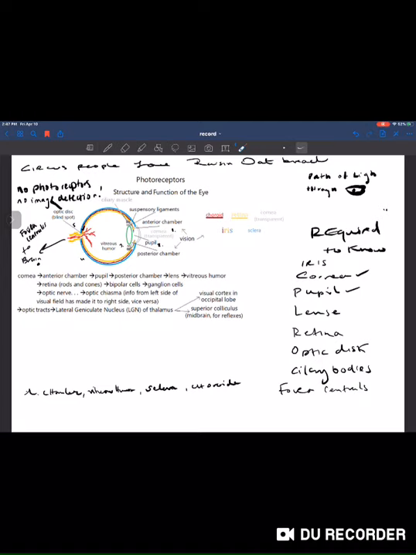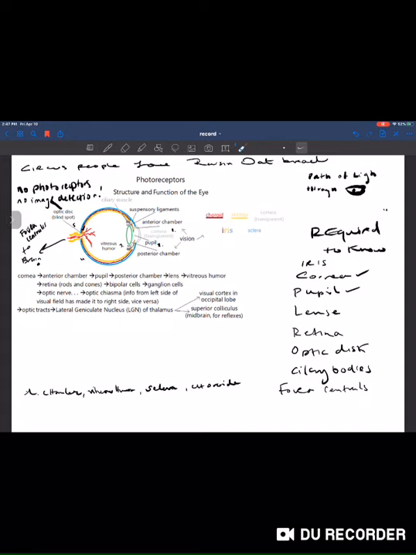And remember, the retina has rods and cones. Now the optic nerve, these are a bundle of axons leaving the eye and going to the brain. And so we have our full picture.